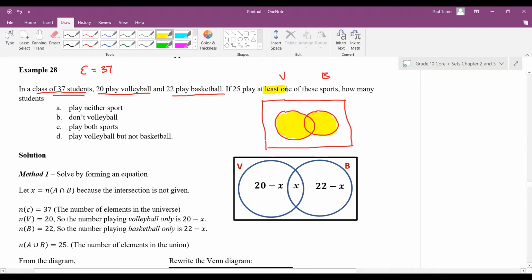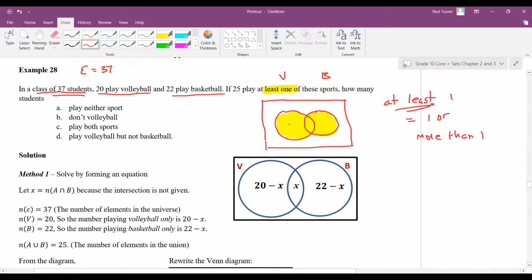So when you see at least one, it means no less than one. So at least one means one or more than one. In that case, it could be two.